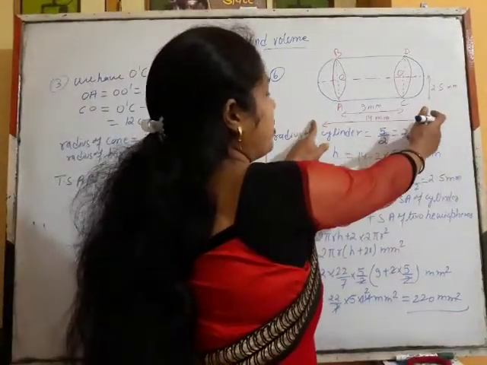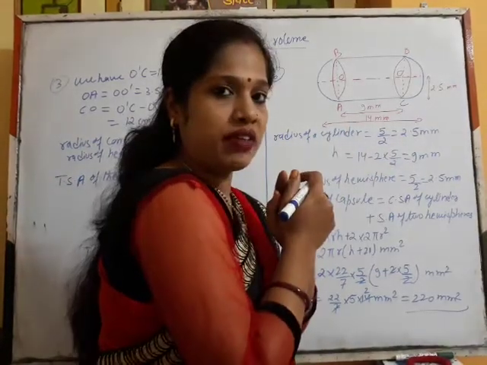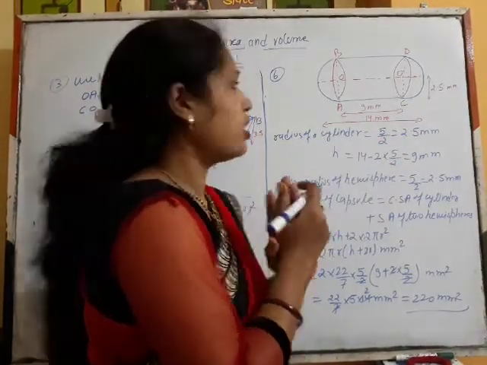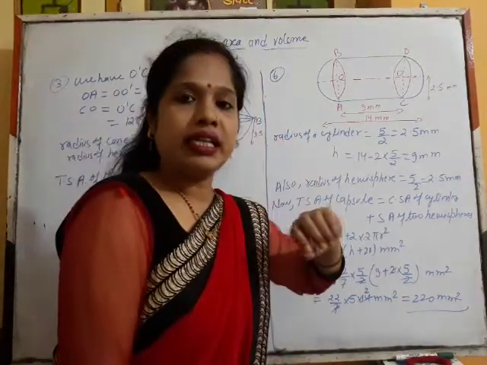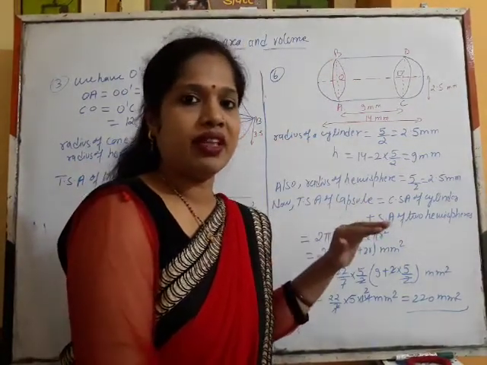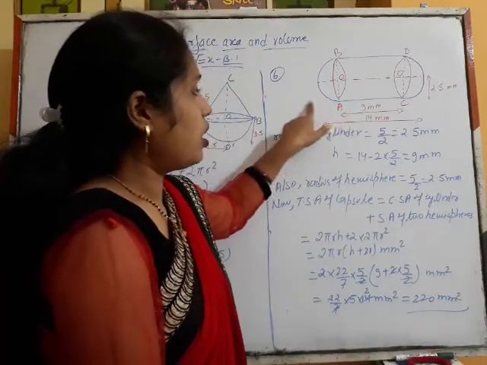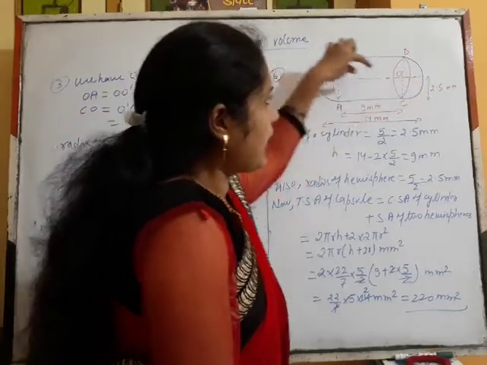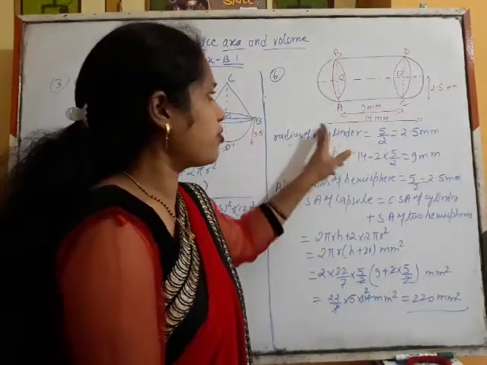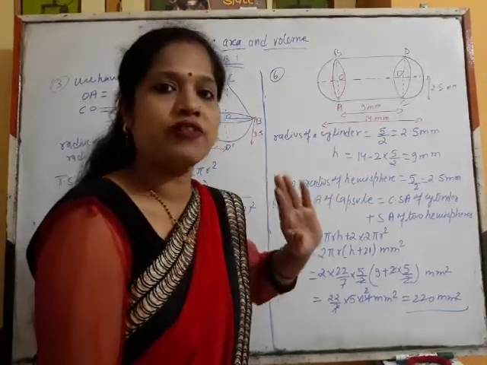So this much length, that means total length of the capsule is given, that means the height of the total figure is given. Okay, is 14 millimeter. The radius of the cylinder and the hemisphere is given. So the radius of both the hemispheres will combine and subtract it from the total height. So we will get the height of the cylinder.